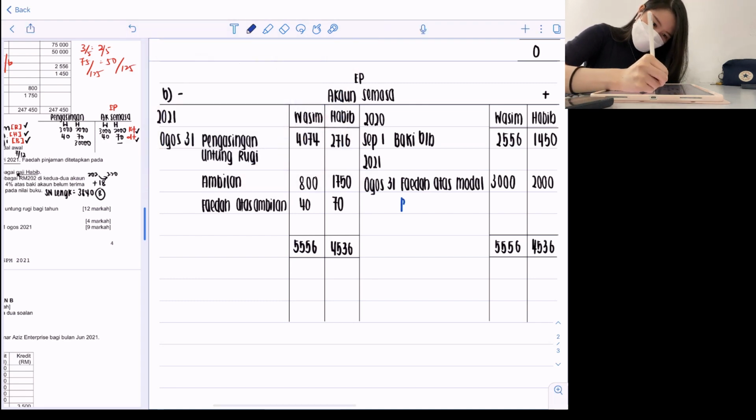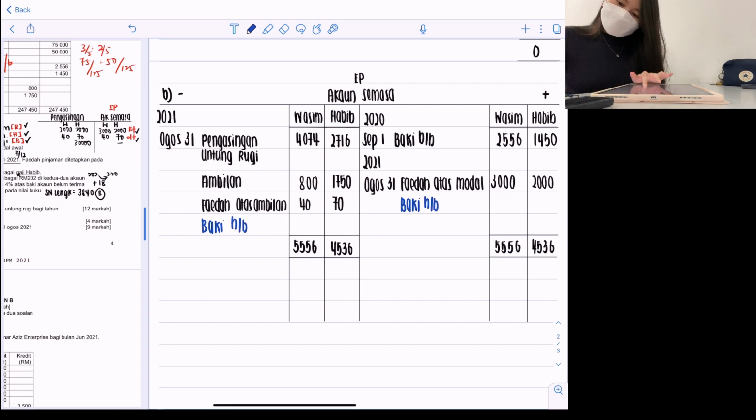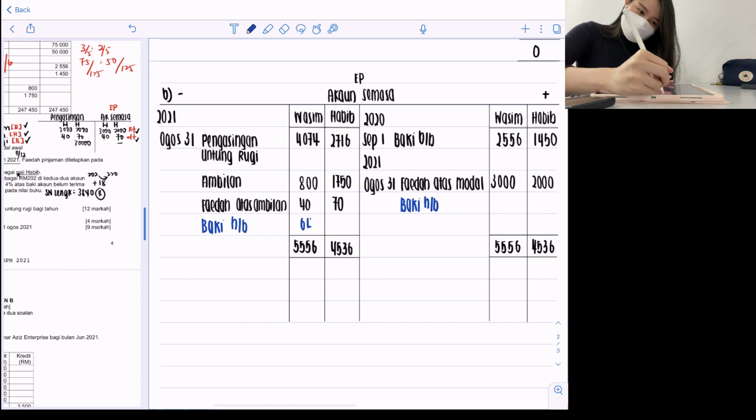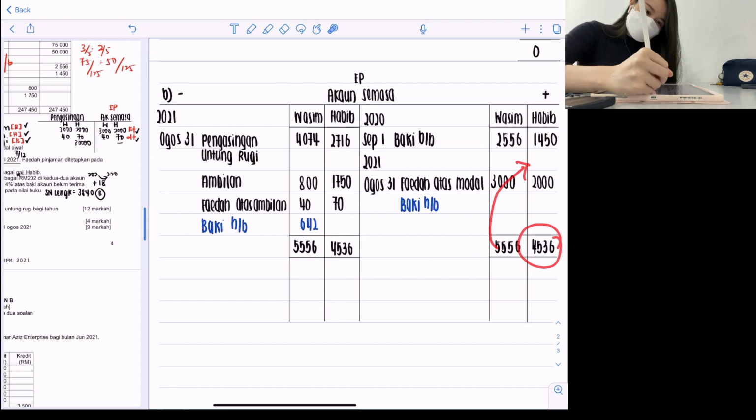We're going to see both sides with Baki HP. And we start from Wasim first. Wasim minus all of these above, 642. Habib, you also do the same thing, minus whatever is above, 1,086. Okay, so that's it.